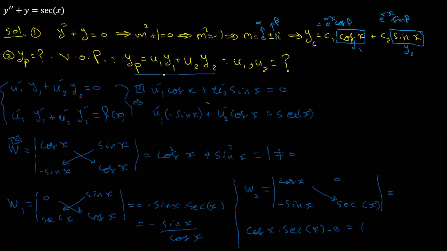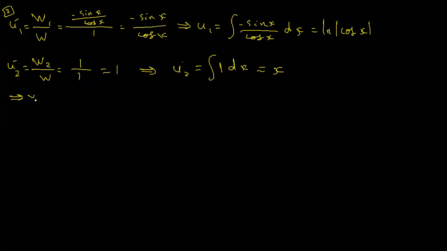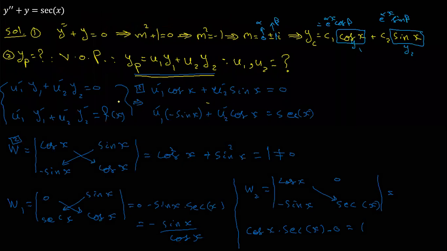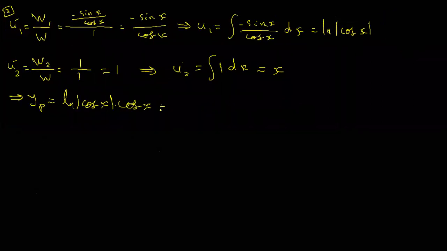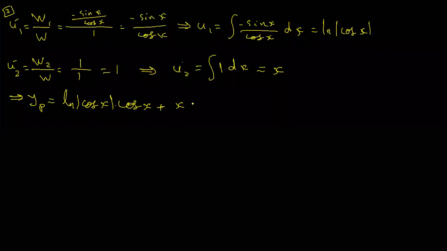Now I found u1 and u2. Let me go back. So your u1 and u2 must be substituted here. So yp in my second step is u1, which is ln cosine x, times your y1, which is cosine x, plus u2, which is x, times y2, which is sine x.